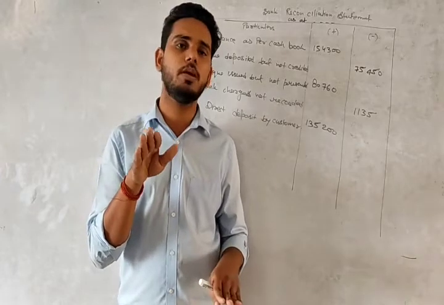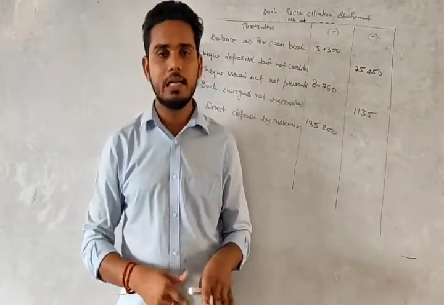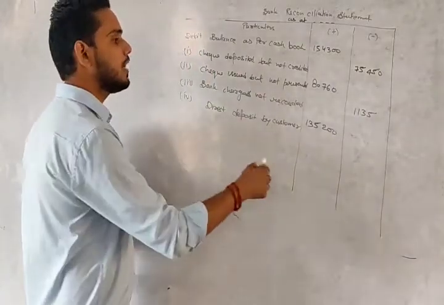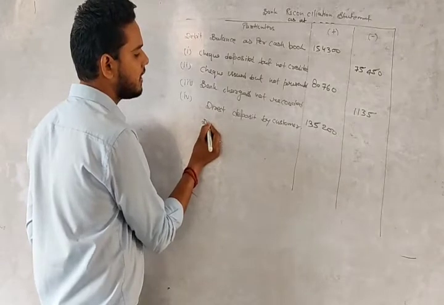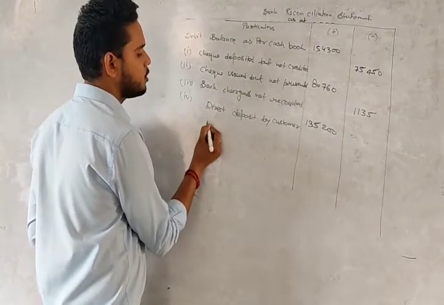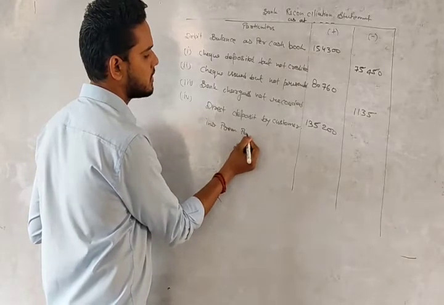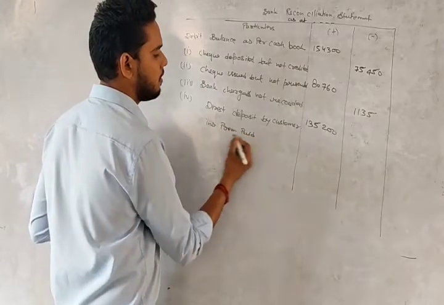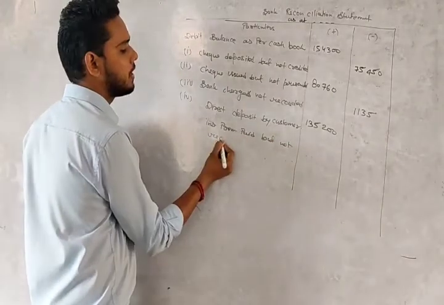But you have no information, so you have not decreased. So what will you do to make it equal? You will decrease. You will write in the minus column: insurance premium paid directly as per standing instruction but not recorded in cash book.